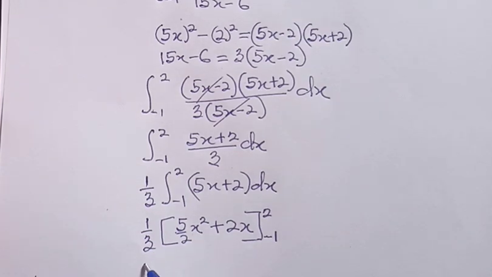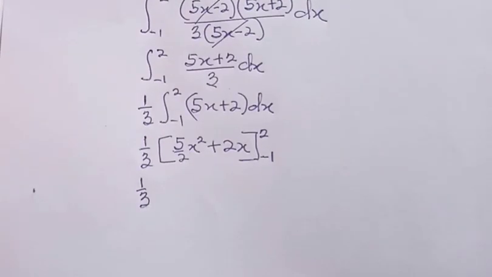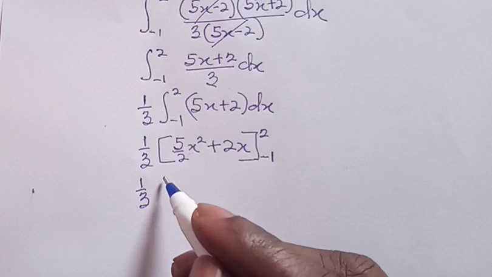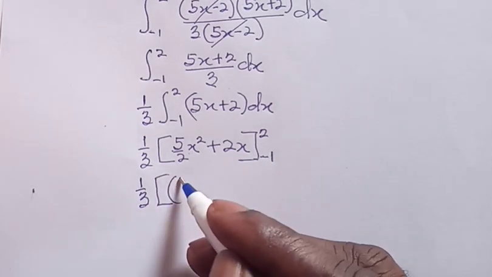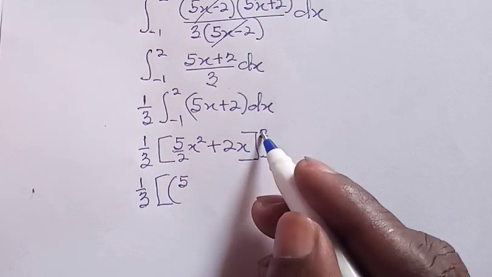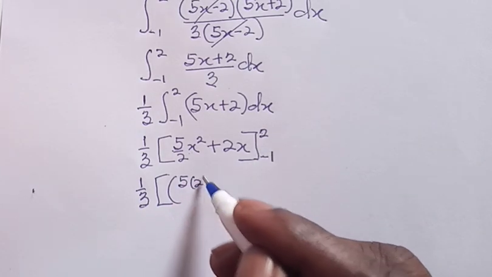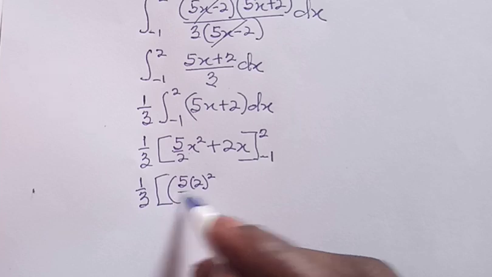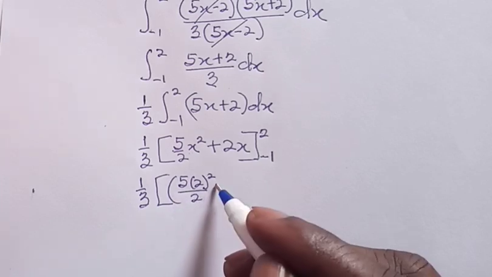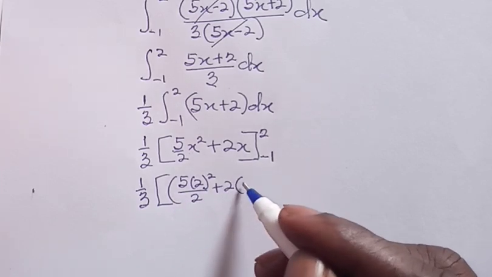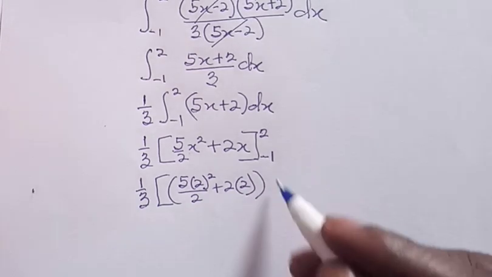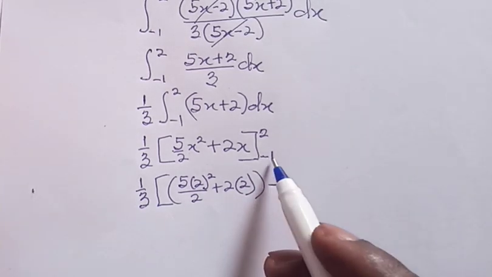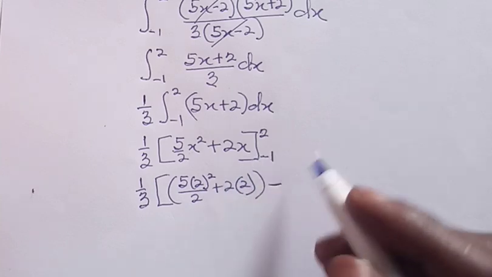So we are going to have 1/3. Then we first substitute the upper limit, which is 2. So we have 5 on 2 times 2 squared plus 2 times 2, and then minus, we substitute our lower limit.